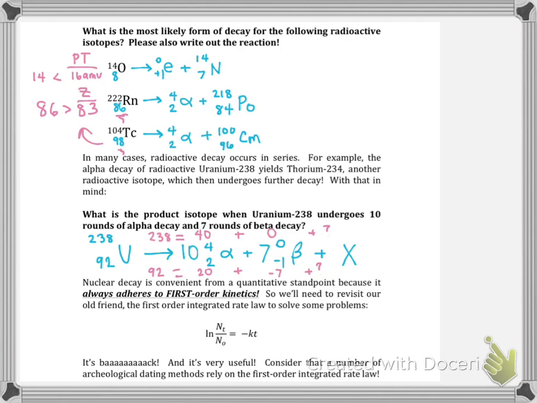Okay, so the mass number on X, when we do the math to get rid of those 40, it's going to be 198. And the atomic number is going to end up being 79. But as it's written now, that's not going to be an answer choice on the exam, right? We want to figure out what element that is and get rid of our big X placeholder. So we look at the periodic table to find element 79.